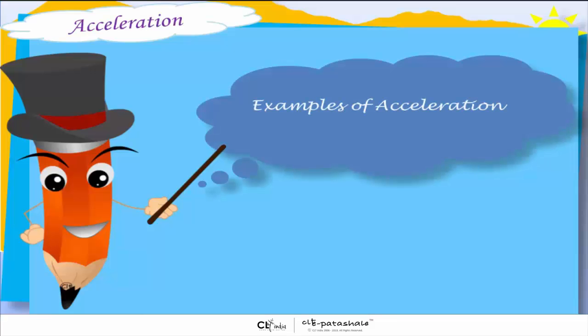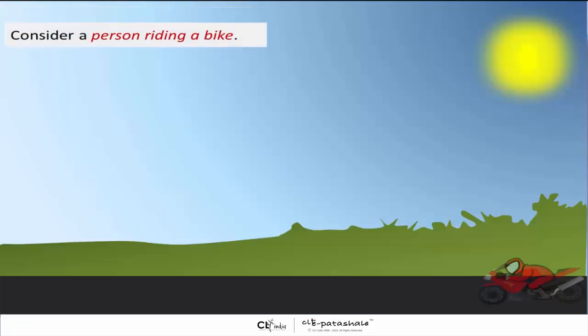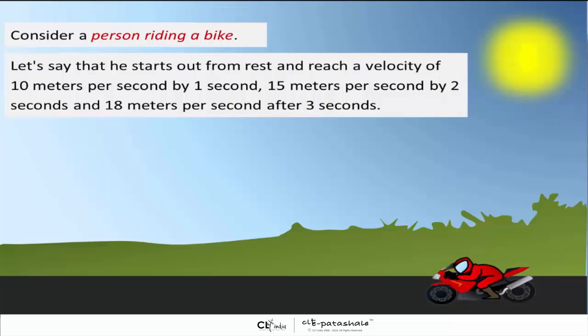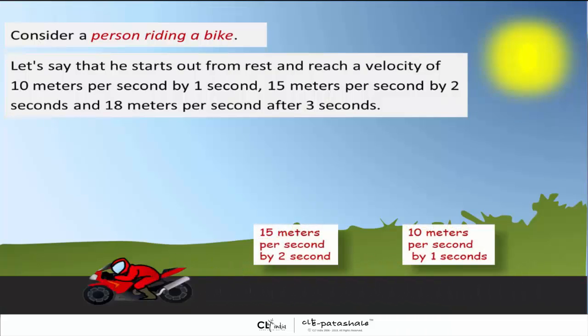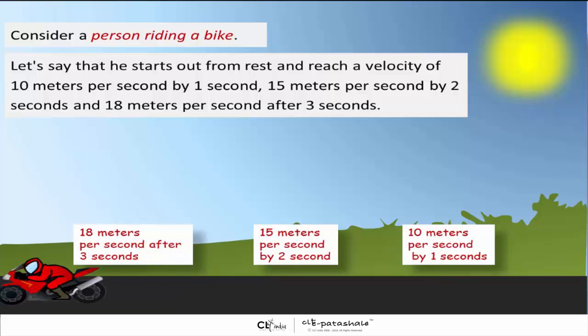Let us now look at a few examples of acceleration. Consider a person riding a bike. Let's say that he starts out from rest and reaches a velocity of 10 meters per second by 1 second, 15 meters per second by 2 seconds, and 18 meters per second after 3 seconds.